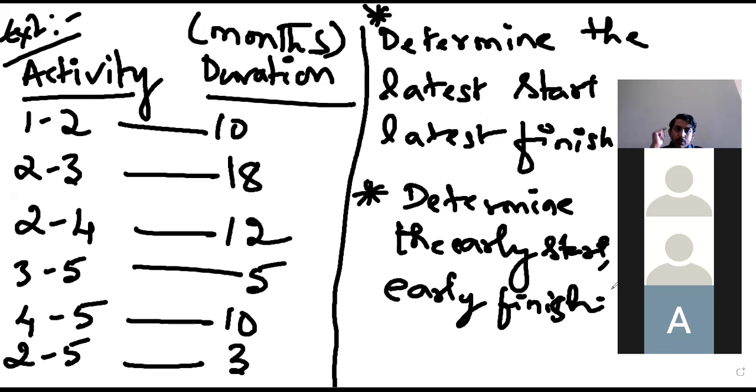So first we are supposed to determine the latest start, latest finish, and then the early start and early finish for each activity. But the only thing is that the first question can be determined only after determining the early start and early finish for each activity, isn't it?